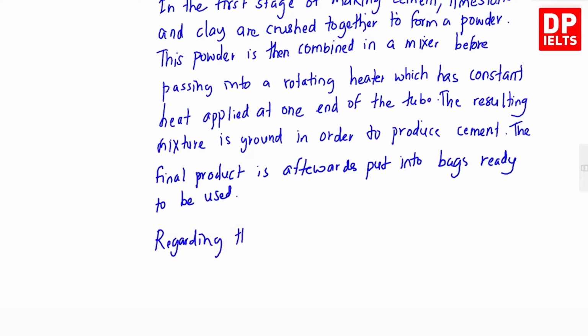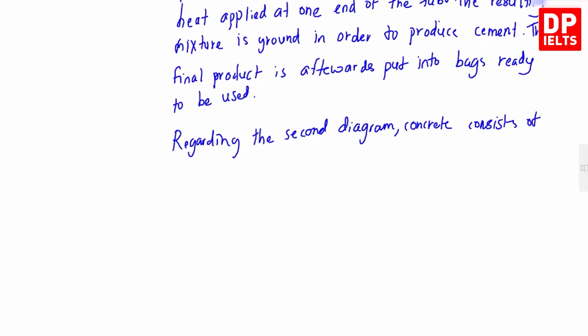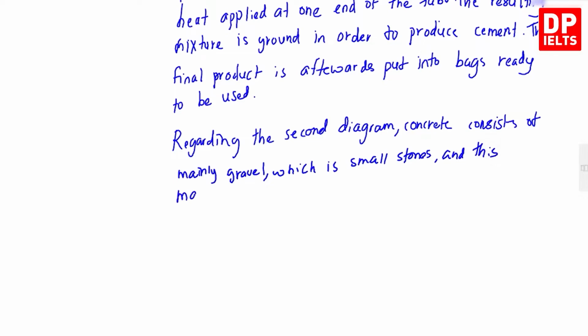Regarding the next para, right? Regarding the second diagram, concrete consists of mainly gravel, which is small stones, and this makes up 50% of the ingredients.